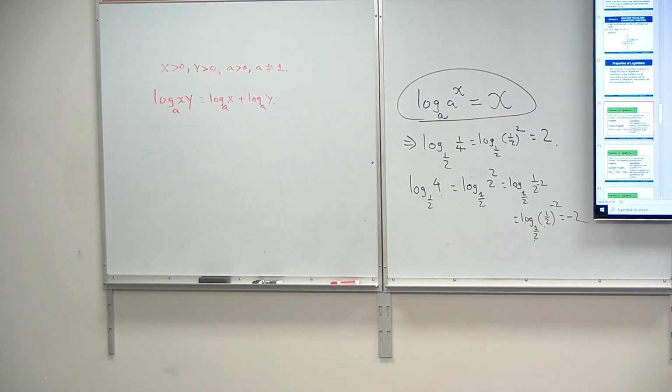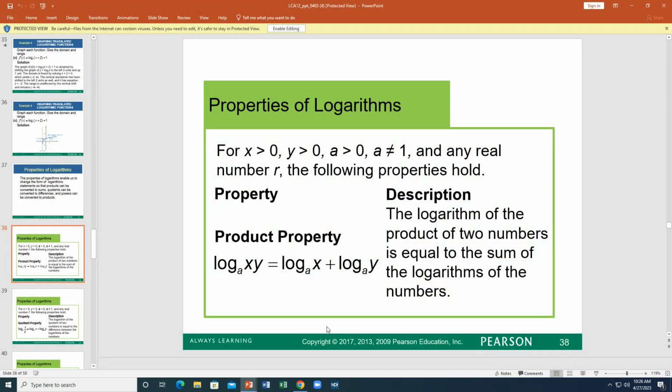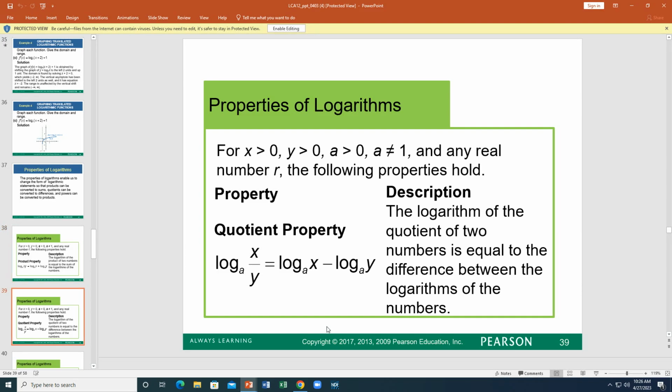Did you get it? And then the next one is the quotient property. Logarithm with base a of x over y is the same as logarithm with base a of x minus logarithm with base a of y.